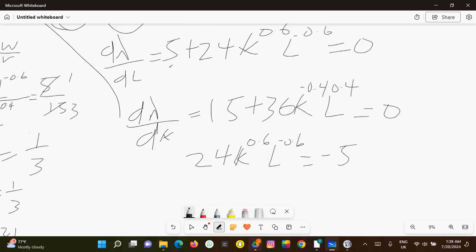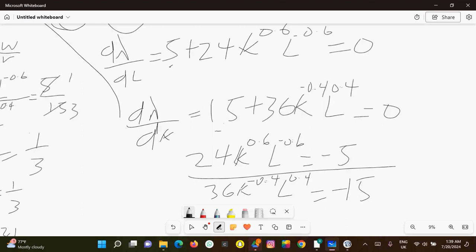And then divided by 30, so 36 to negative 0.4L. So both of these positive represent negative 2.